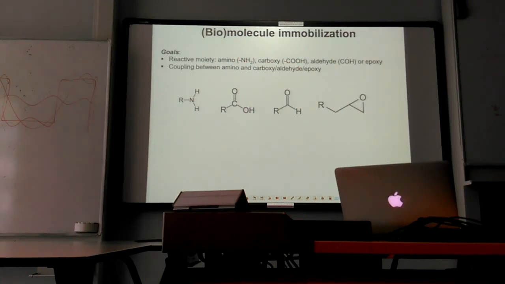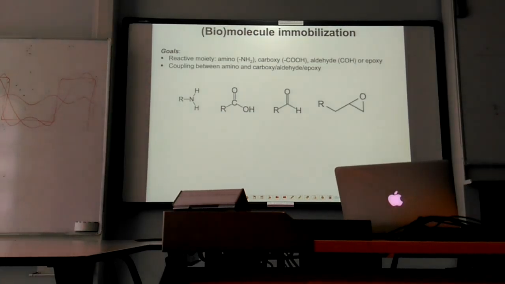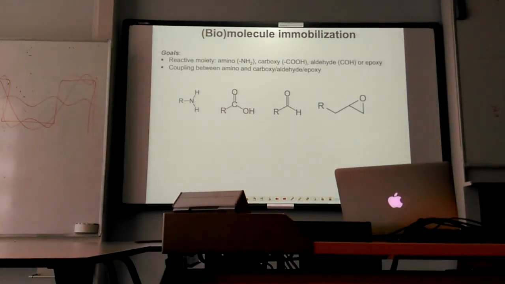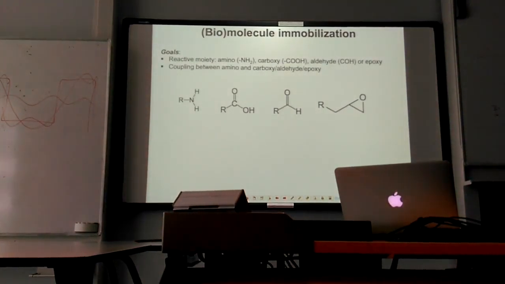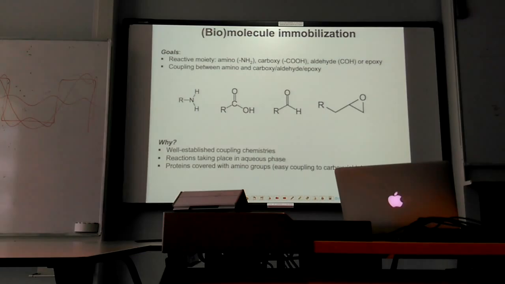What is nice is that you can do the chemistry in water. If you think about biomolecules, you prefer to keep them in aqueous solutions. So you're happy to work with these groups because you can do the coupling in aqueous phase. It's not always straightforward, but it's possible to have chemical reactions between these different groups. So the coupling chemistry is well established.